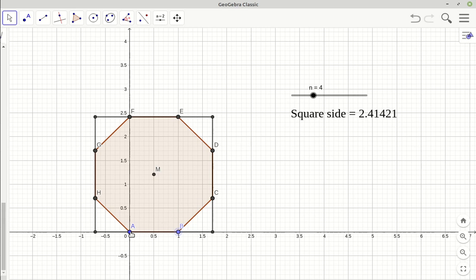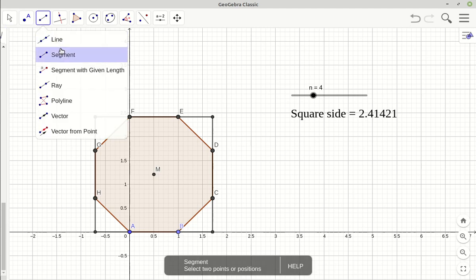So we are down to computing this side of the square based on the knowledge that the side length of this regular 2n-gon is equal to 1. And it's actually easy to see what we need to do.